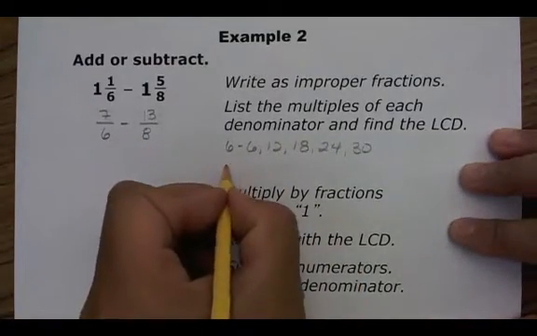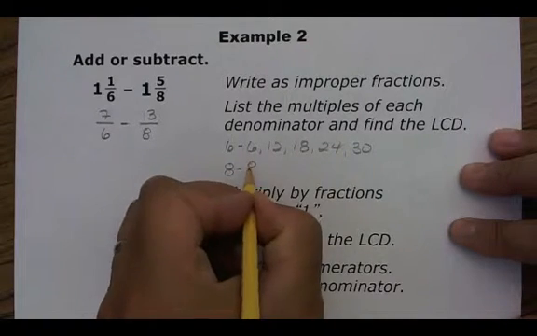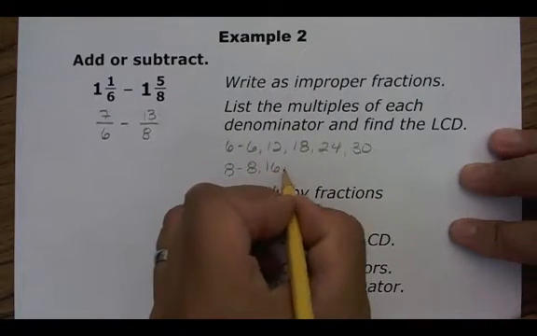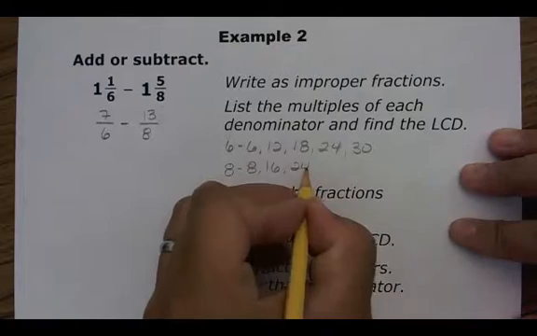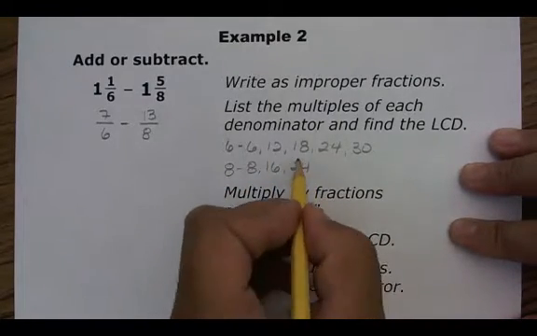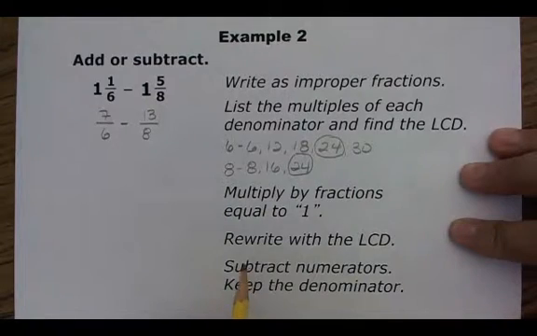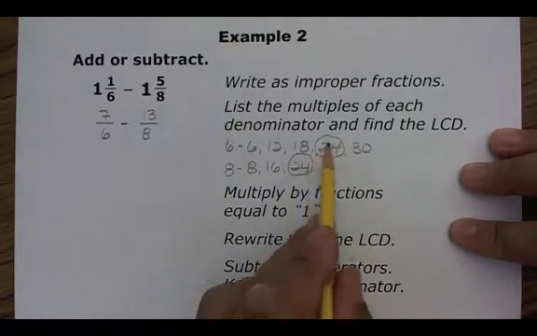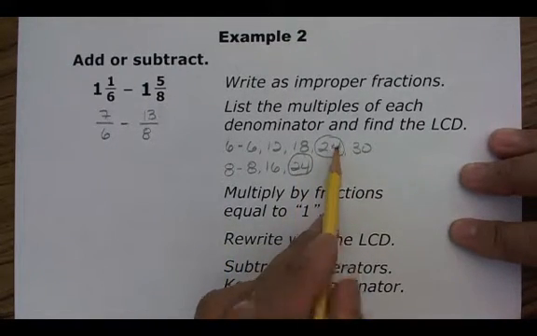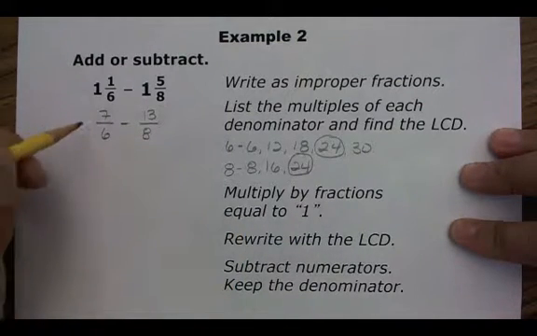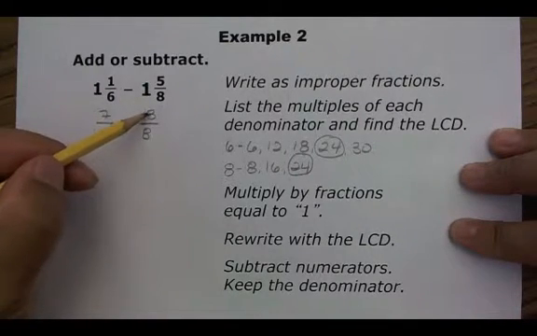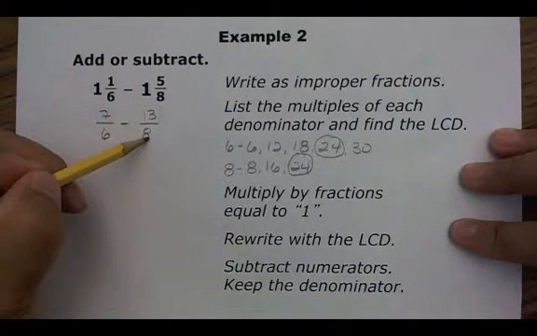And the multiples for 8 would be 8, 16, 24, and I could stop at 24 because now I see that it matches the 24 from the 6. So my common denominator is going to be 24. So the next thing I have to do to get a common denominator of 24 is figure out what I have to multiply 7/6 by, and then what I have to multiply 13/8 by.